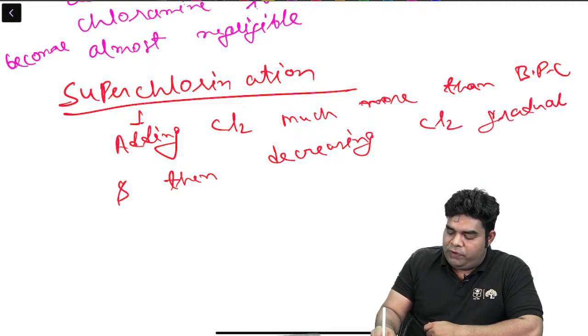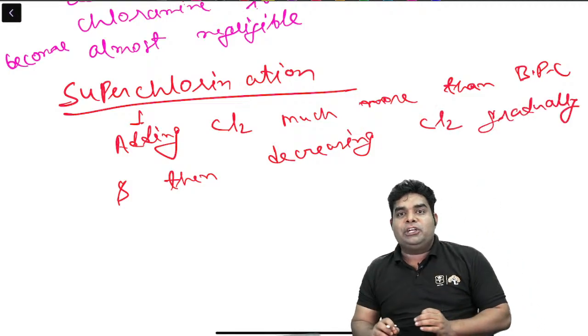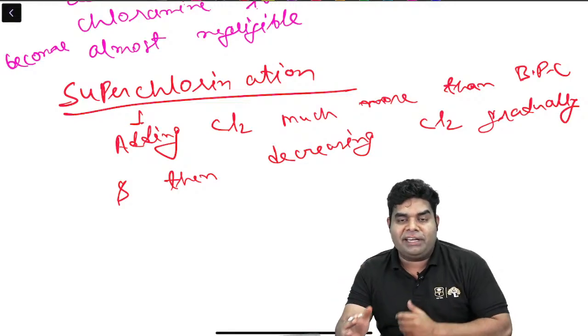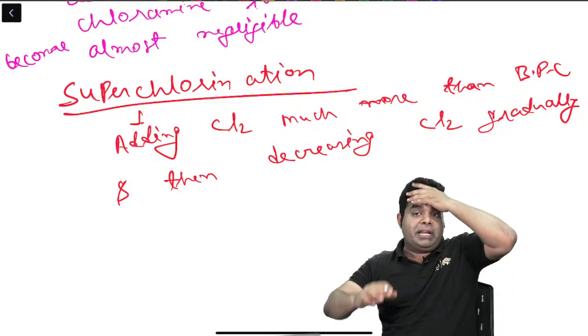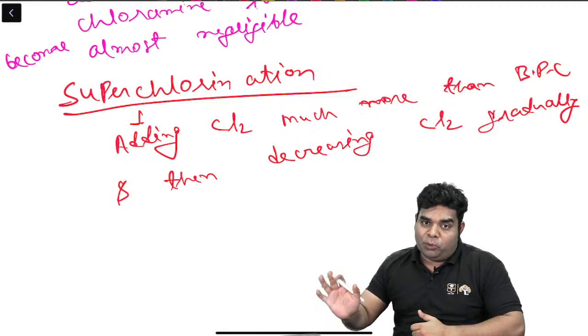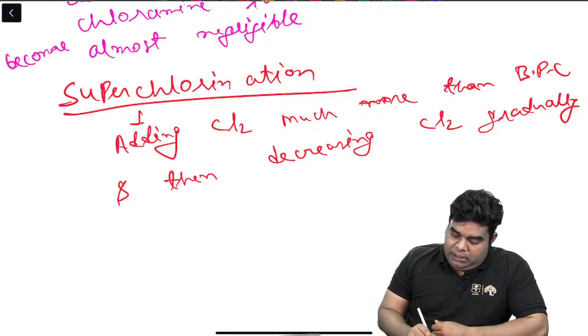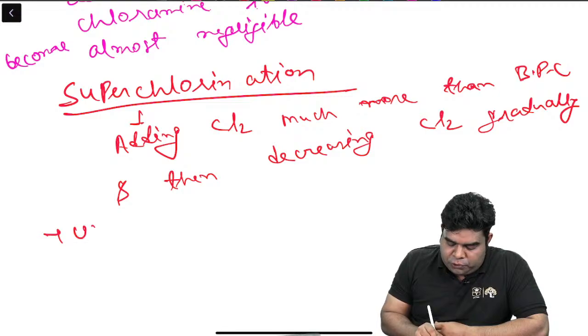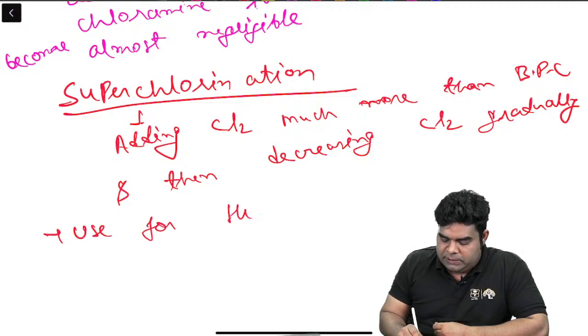Okay, till how long we have to decrease it? Till Cl2 becomes either 0.5 if it is normal water, or till it becomes 1 if it is a swimming pool. Okay, so superchlorination is used for highly polluted ponds.